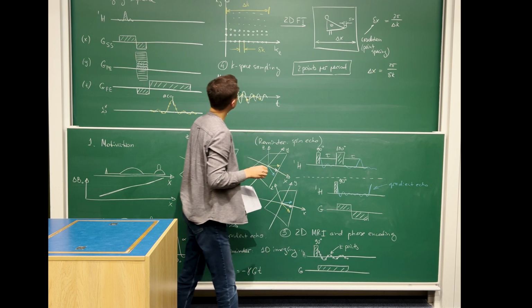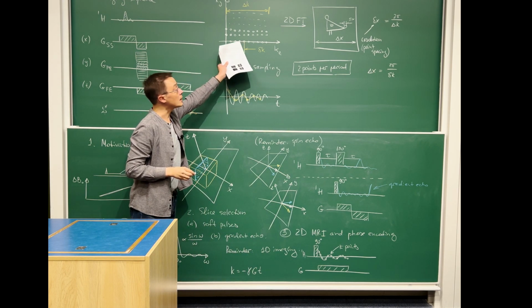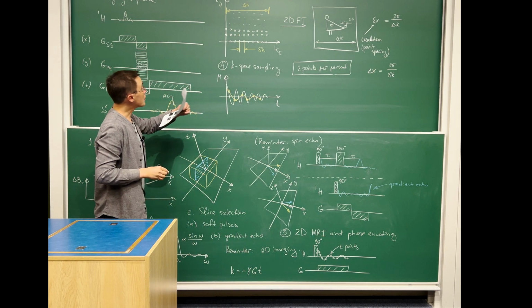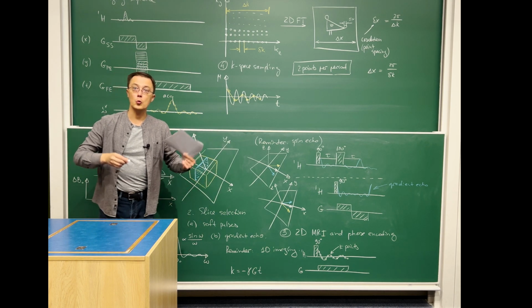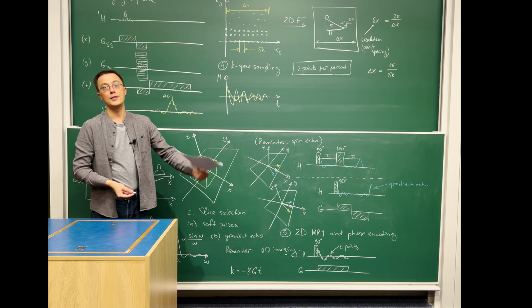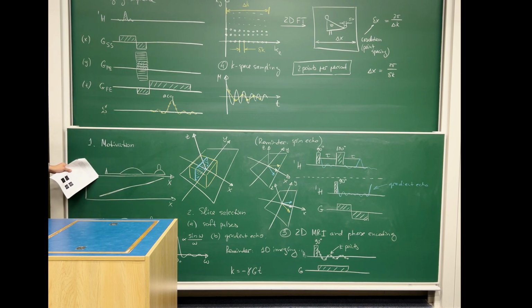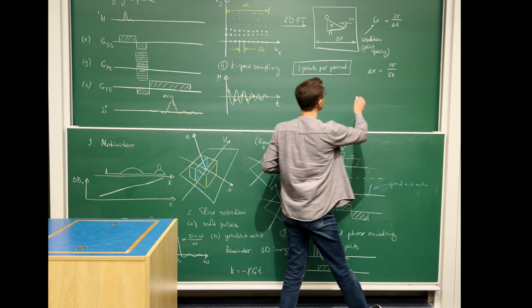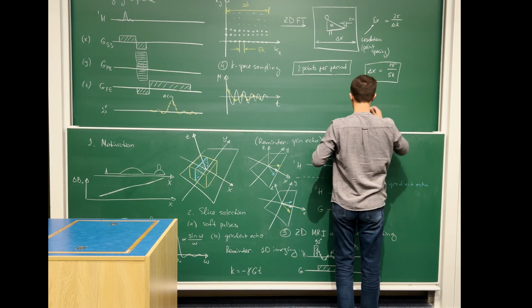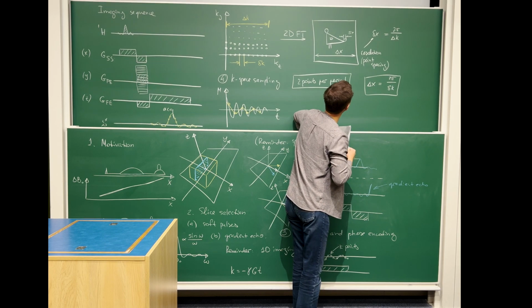The finer the point spacing in the k-space, the greater the frequencies that we have digitized, the greater the location range that we can therefore reproduce. Right? So that is the size of the image.